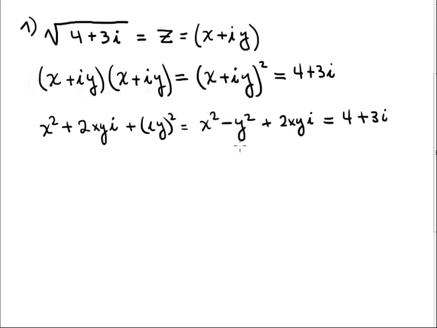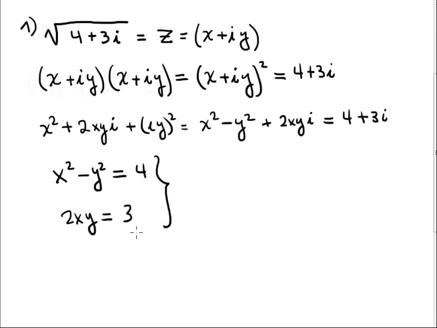And if these complex numbers are the same, it's because x squared minus y squared is 4 and 2xy is equal to 3. And this is the system we need to solve.